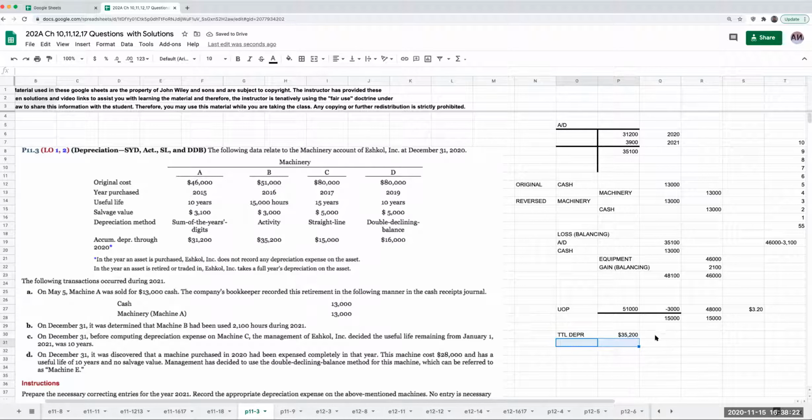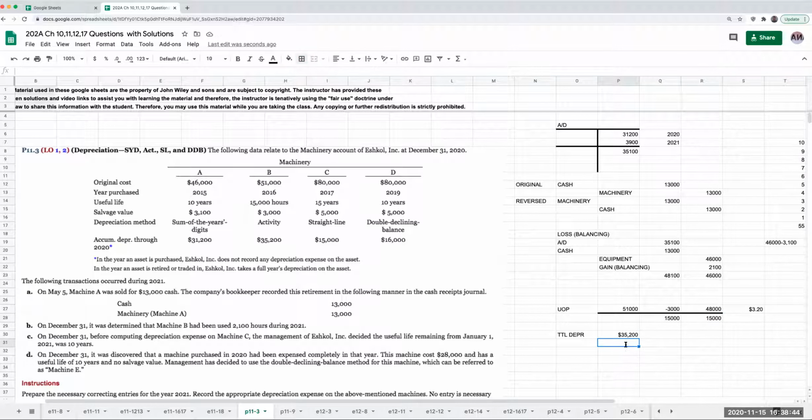And if I divide this by $3.20, because remember, the 3.20 times the units produced is going to give you this amount. There's a reason why I'm going through and doing this: I always have to be careful about over-depreciating an asset.